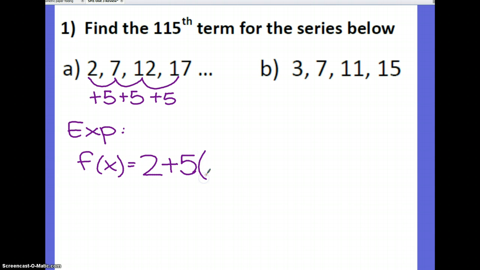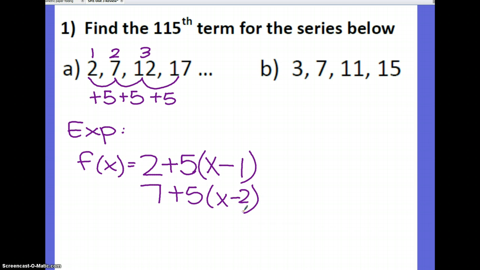And then it's x. This is adding, so I know I don't have an exponent. It's just multiplying x. And because I used the first number is 2, I minus 1. If I had used a 7 here, I would minus 2.